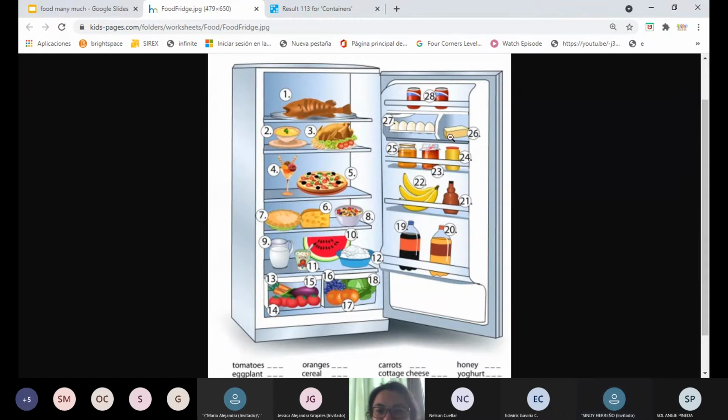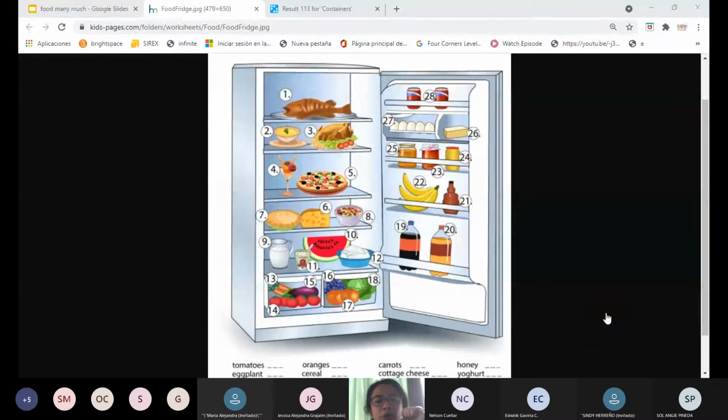And how about this one, guys? What's this called in English? What is that, guys, in English? Butter. Yeah, very good. So are we going to use how much or how many? How much.